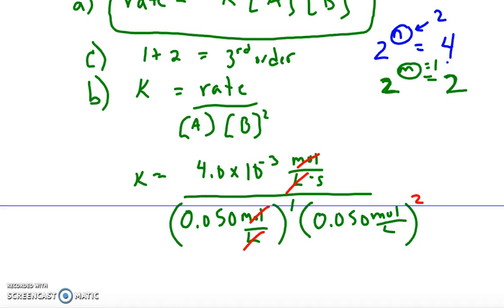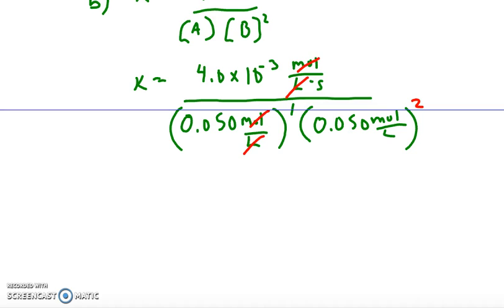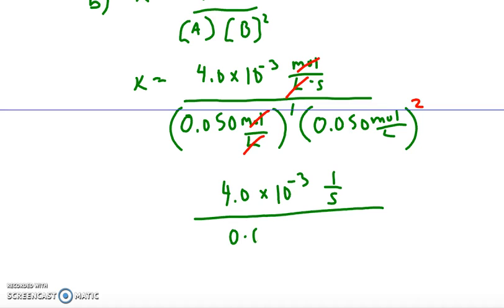All right, so what is this going to do? If I rewrite this, I'll choose the green pen, I have 4.0 times 10 to the negative 3. This is just going to be 1 over seconds in the numerator, and down below, if I multiply those numbers together, 0.050 times 0.050 times 0.050, I get 0.000125. And what am I left with?